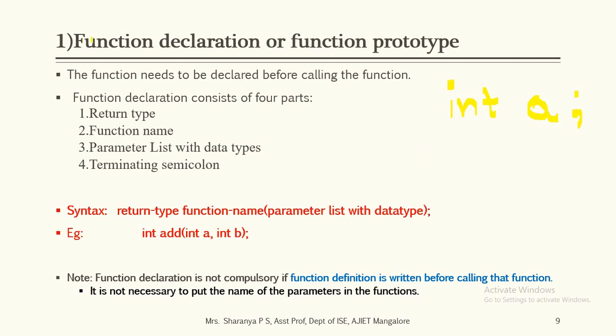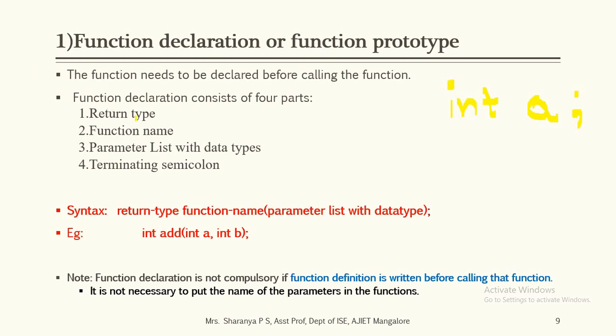That is what we call a function declaration, which is also called a function prototype. That is nothing but the way we write in the very beginning of the program. This function declaration needs to be performed before calling the function. That will be done in the very beginning. After writing the header file, before writing main, we declare the function.